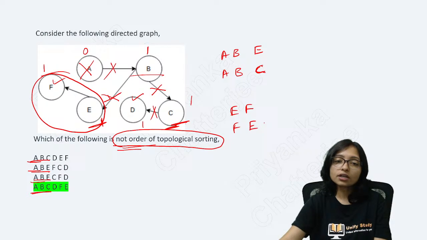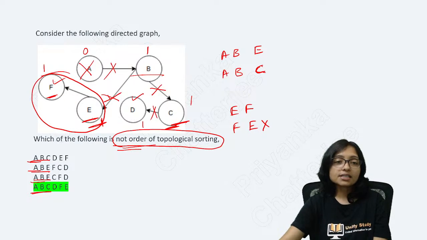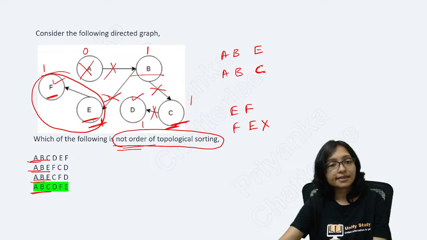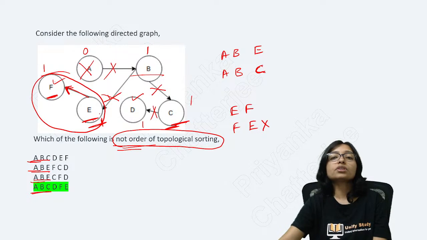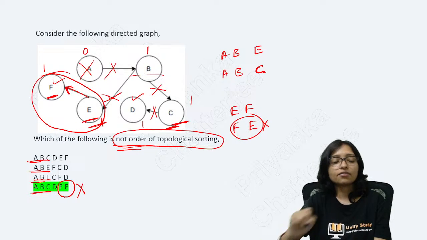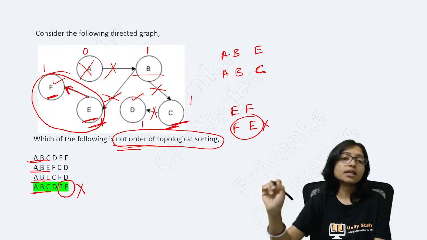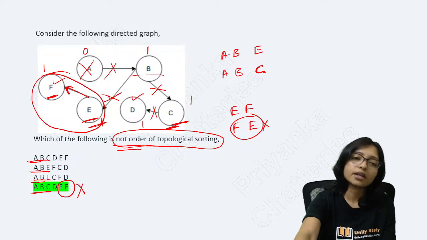F cannot come before E, because F is dependent on E. First E will complete the task, then F will complete, because there is an arrow from E to F. In this option you can see F before E, and that is never possible, and that's why it is not the correct answer. I hope it is clear to everyone.